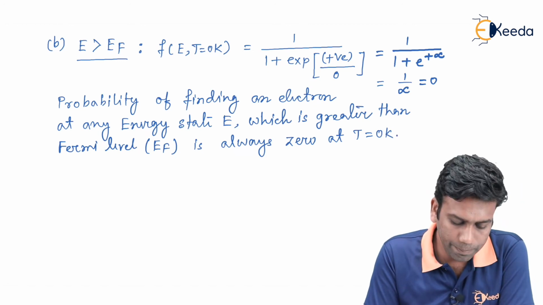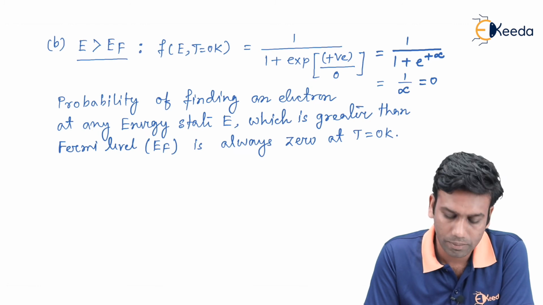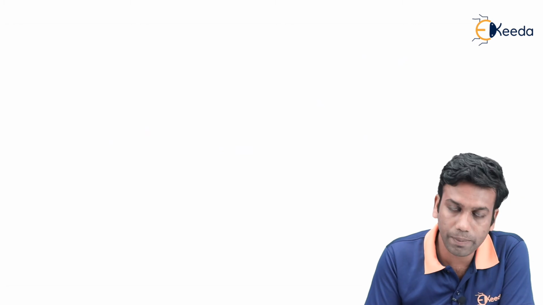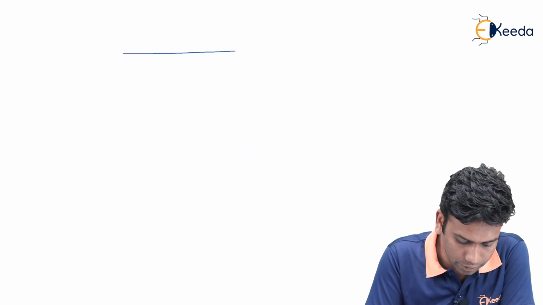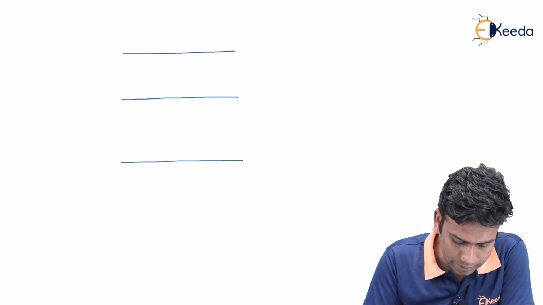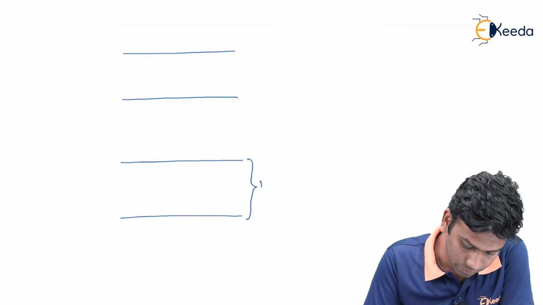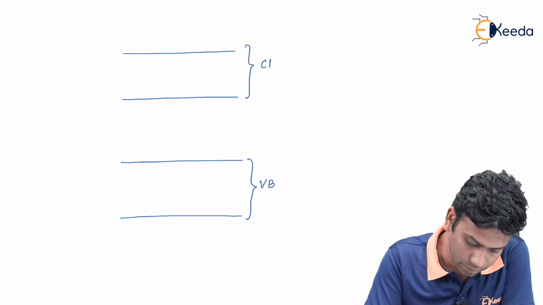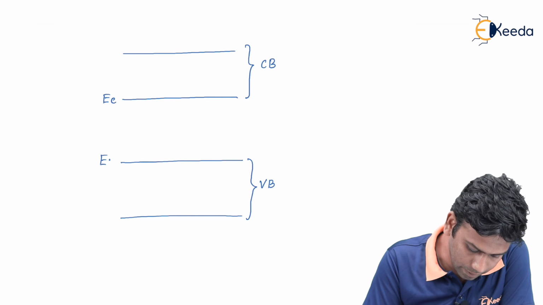So if we depict this conclusion inside the energy band diagram, it will look like this. So in the energy band diagram, this is the conduction band and this is the valence band, and this is the value of EC, and this is the energy level EV.